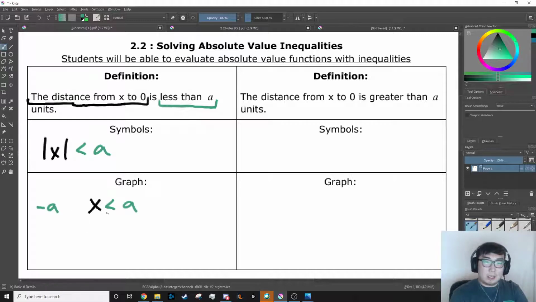But how do I know how my inequality faces? When it's less than, negative a is less than x, but x is less than the positive version of a. And on a number line, it's going to look like so.